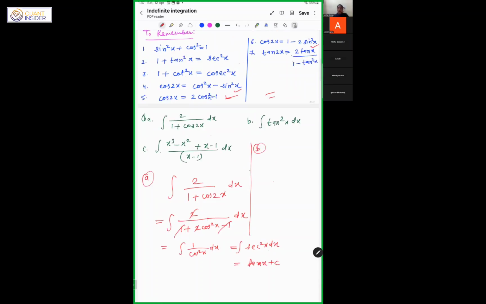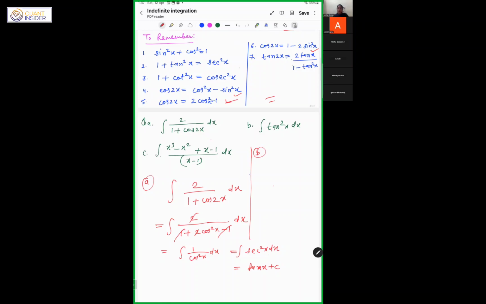Here you have tan square x. So for tan square x, what will you do? You can see that you can use identity number 2. So according to this, you have tan square x as sec square x minus 1 dx. Okay. So the integration of sec square x is tan x, and the integration of 1 is x, plus c.